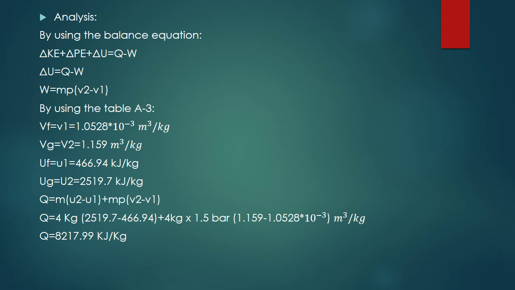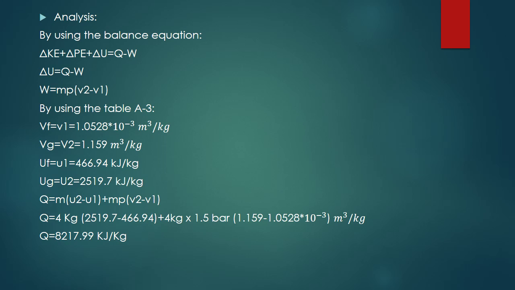And we have our analysis. Using the balance equation, the difference in kinetic energy plus the difference in potential energy plus the difference in enthalpy equals the heat transfer minus W. So we can neglect the potential energy and kinetic energy, and we get the difference in enthalpy equals the heat transfer minus the work.